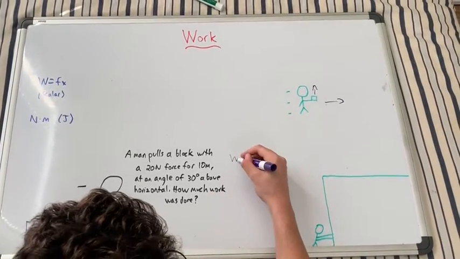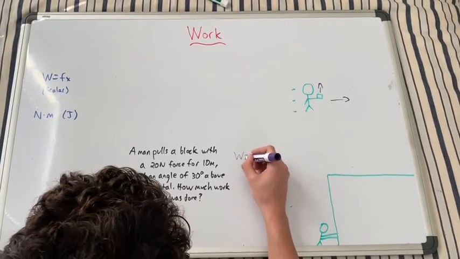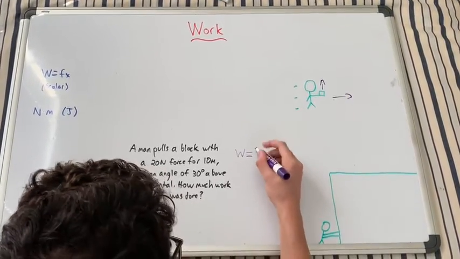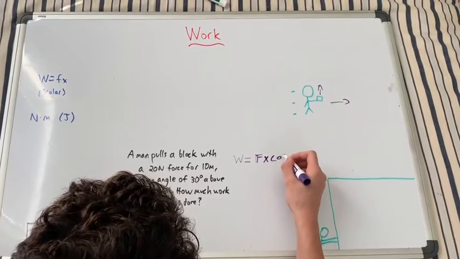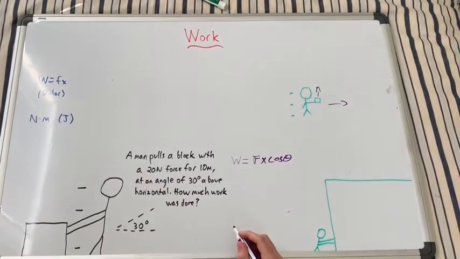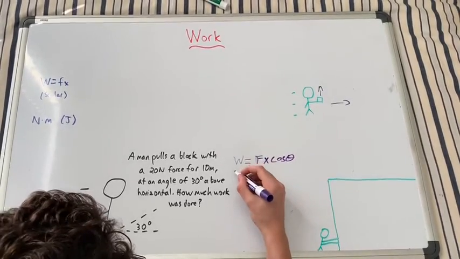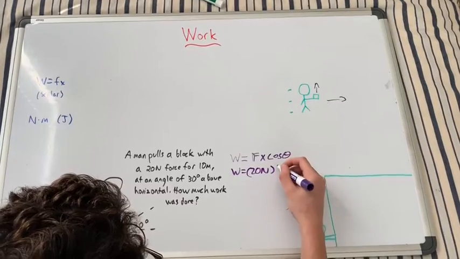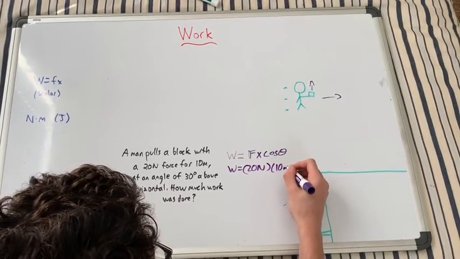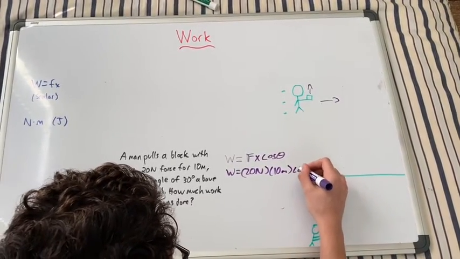So we can use this equation, work equals force times displacement times the cosine of theta. So plug in our values. Work equals 20 newtons times 10 meters times the cosine of 30 degrees.